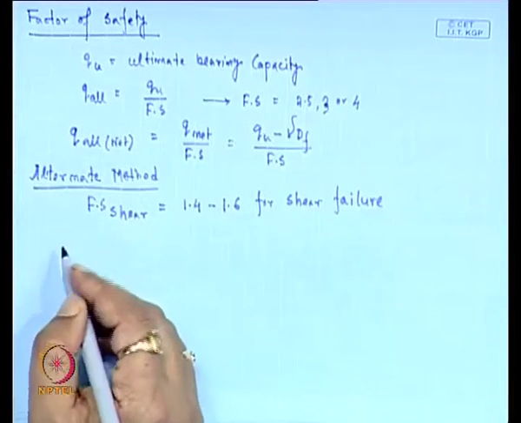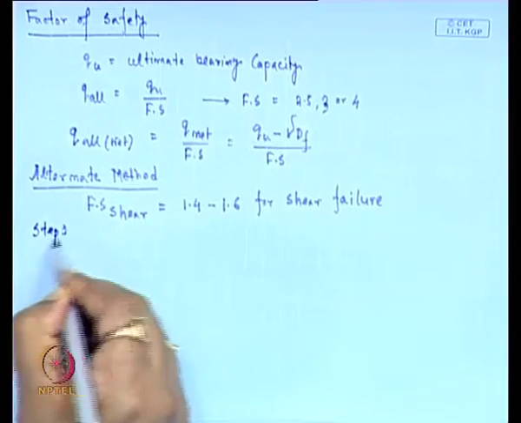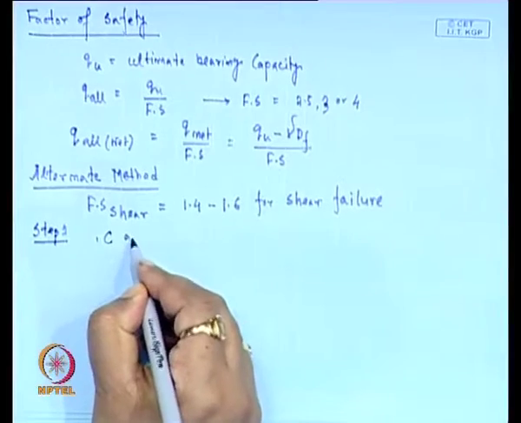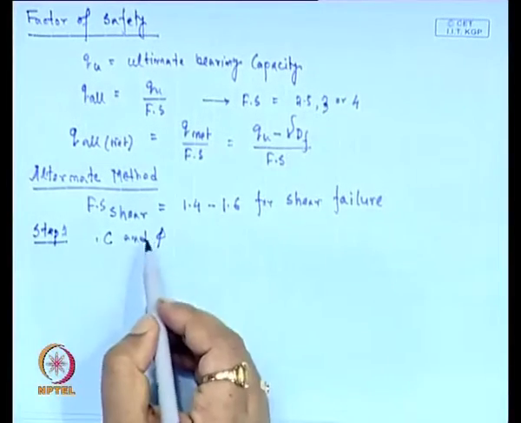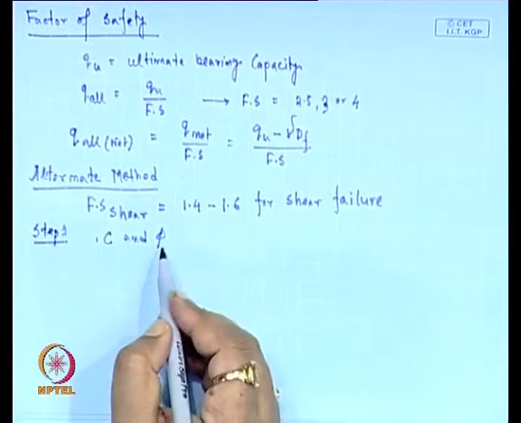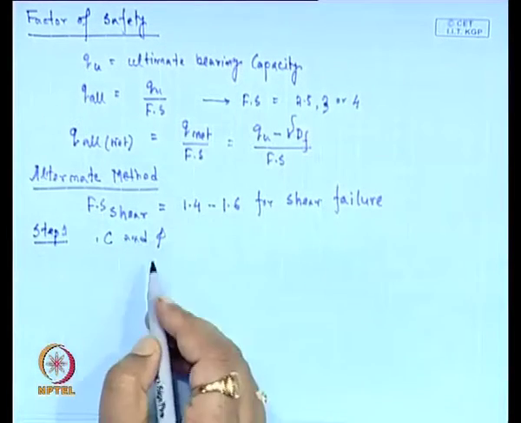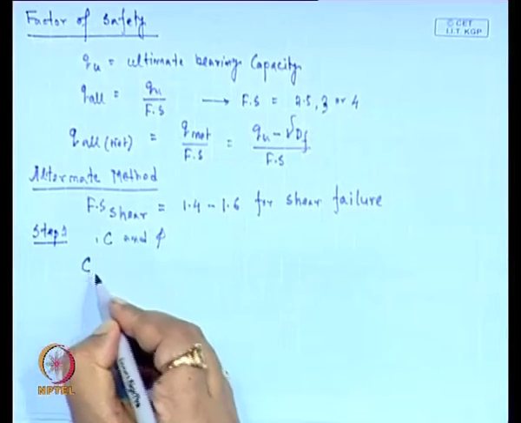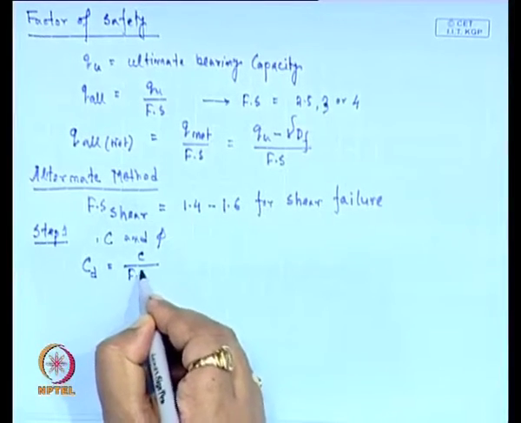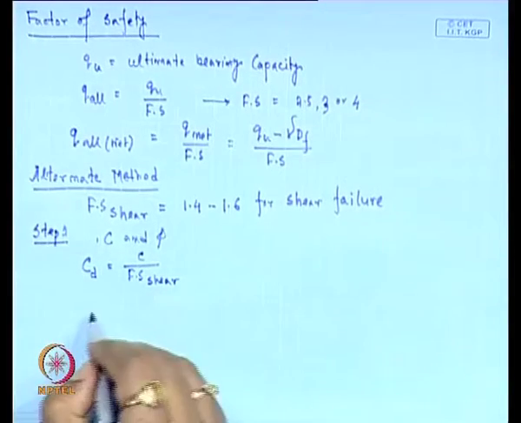Now, how to calculate these things here? For step 1, suppose c and phi are the two shear parameters. c is the cohesion of the soil, phi is the friction angle of the soil. First we have to modify c by applying the factor of safety against shear. We determine c_d by dividing c by the factor of safety against shear.